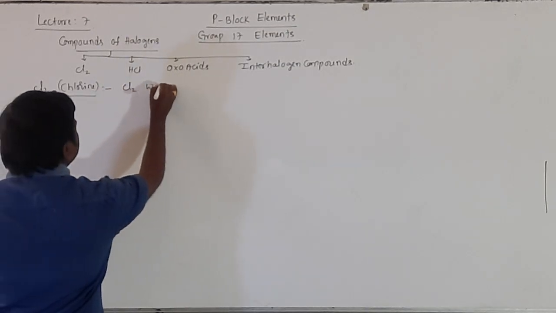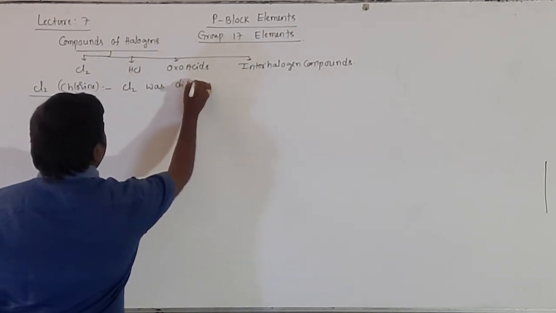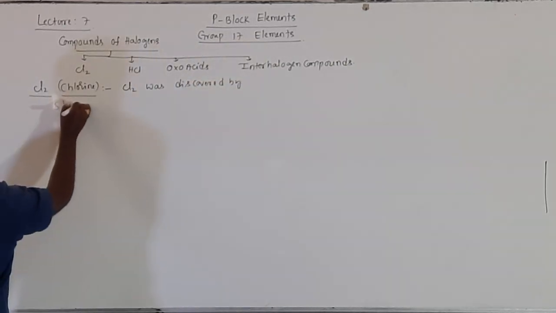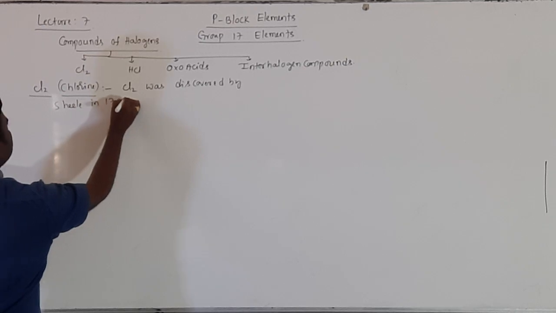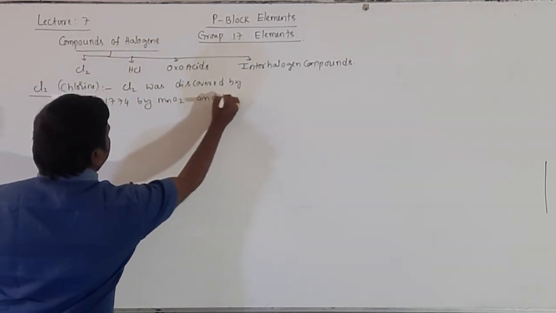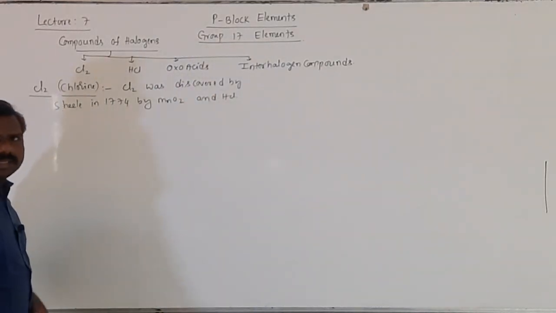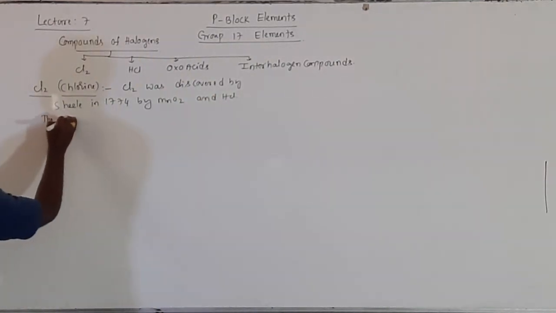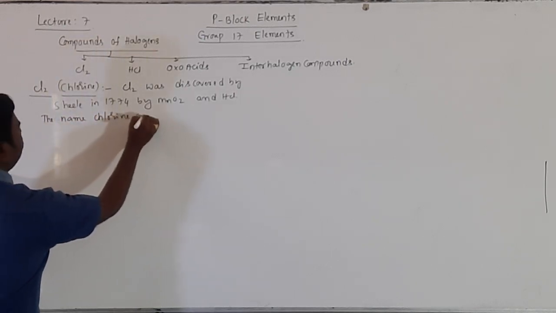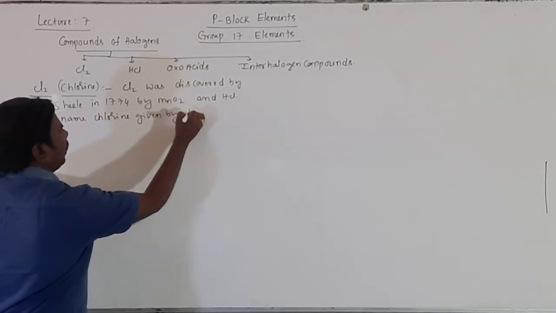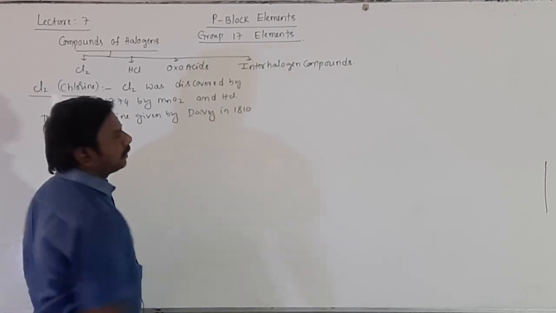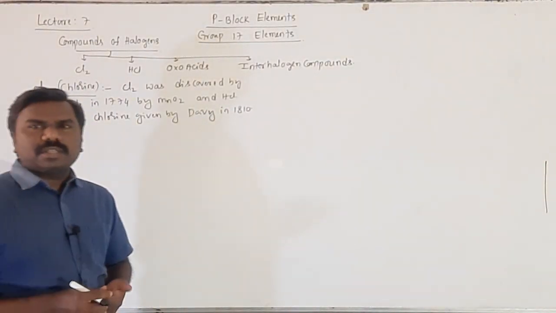Chlorine was discovered or prepared by Scheele in 1774 by MnO2 and hydrogen chloride gas. The name chlorine was given by Davis in 1810.